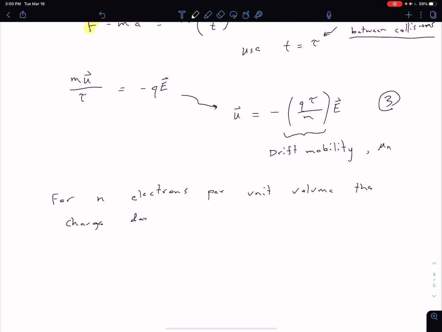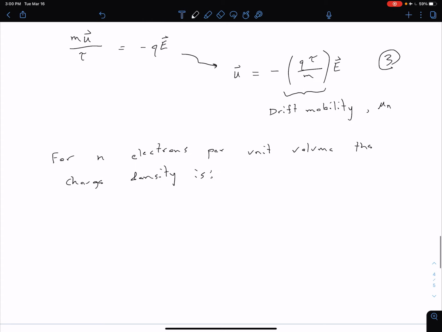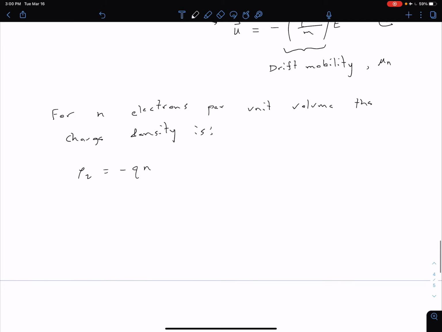The charge density rho v is just equal to negative q times n. It's how much charge we have on each one times the number that we have. That's the number of charges per unit volume, again because our n is defined as electrons per unit volume. Let's call this equation 4 to be consistent with the notes.